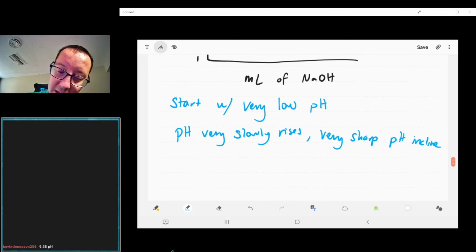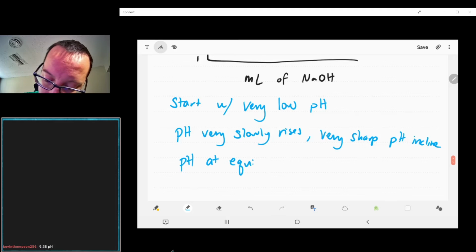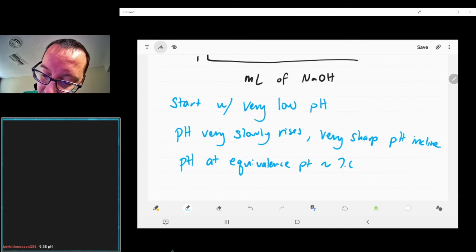We see that the pH of equivalence is about 7. If we're using a strong acid, strong base, we don't have any weak acids, weak bases in here. We're expecting if we put equal amounts, they should just neutralize each other. We'll end up with salty water, and that's it.